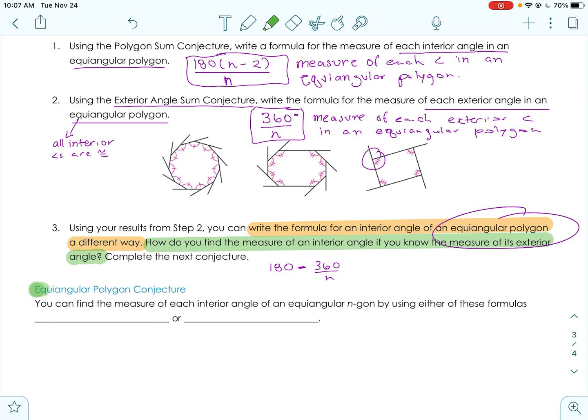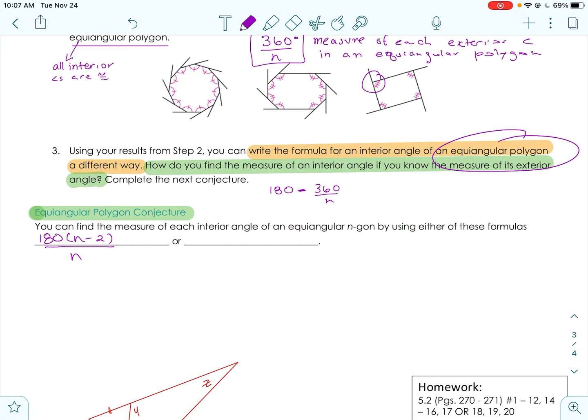So our conjecture for equiangular polygons states that you can find the measure of each interior angle in one of two ways. If you know the sum of the interior angles, then you can take 180 times n minus 2 and divide that by n.